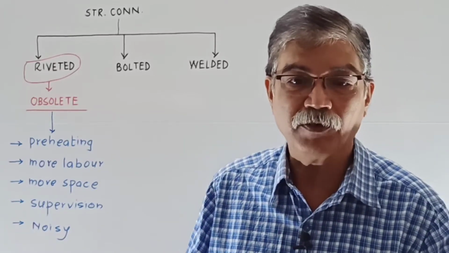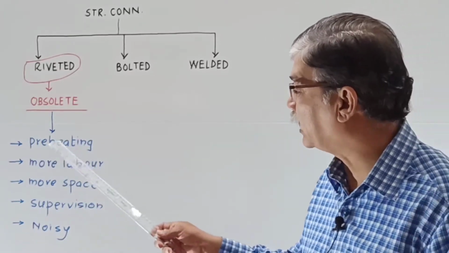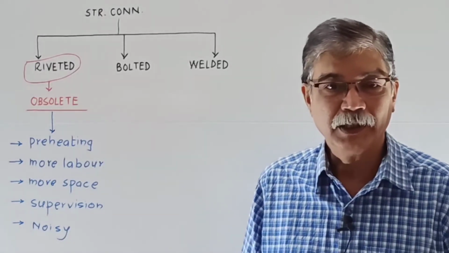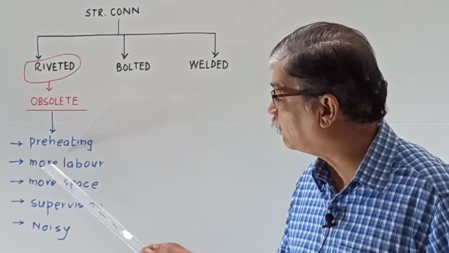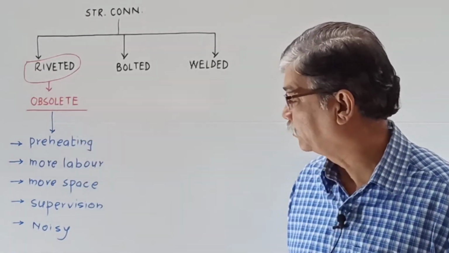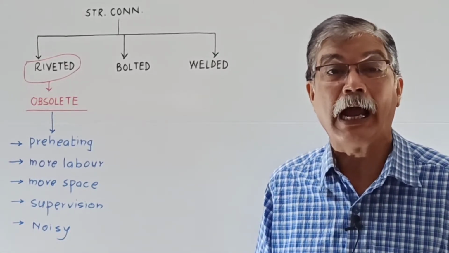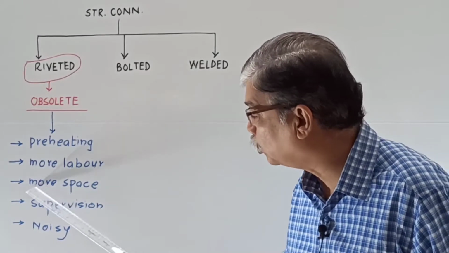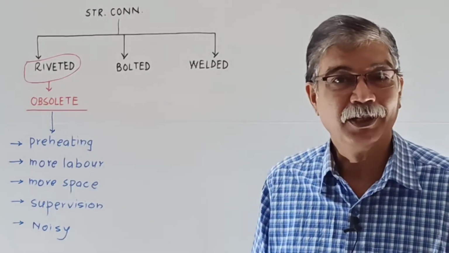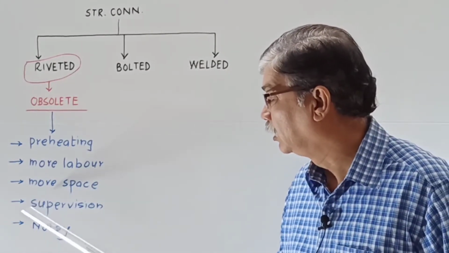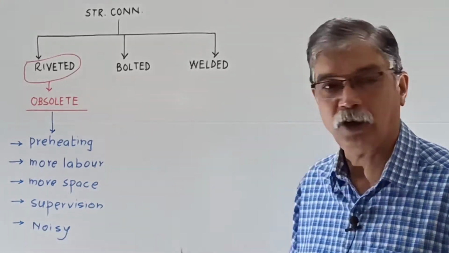Because the process of riveting requires the preheating of rivets. More labor is required for riveting. As rivets are placed by hammering, it requires more space, it requires skilled supervision also.